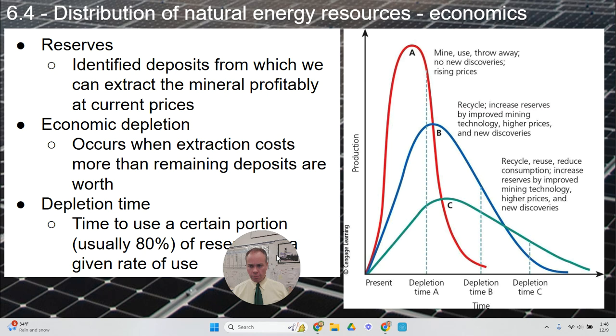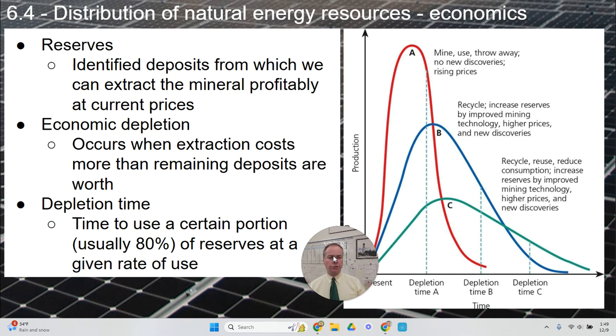And when we take those materials out of the earth from the reserves, they become depleted over time because these are finite resources. And so that can eventually lead to what we call economic depletion, which is when there still is the resource available in the earth, but the cost to bring it out and extract it is more than what the actual deposits are worth, and therefore it's no longer usable economically.